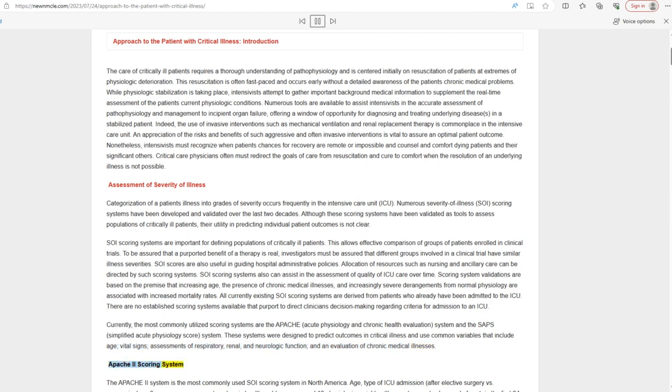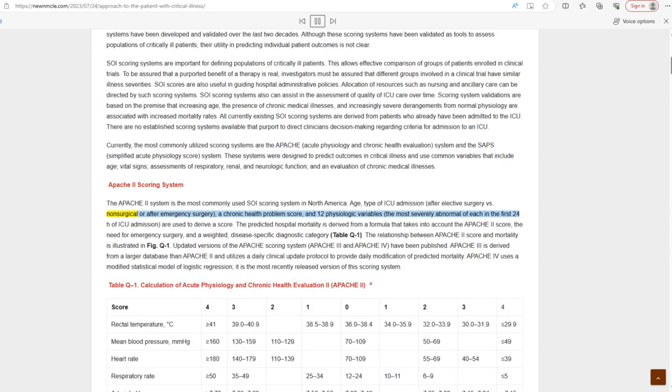APACHE 2 scoring system. The APACHE 2 system is the most commonly used SOI scoring system in North America. Age, type of ICU admission, after elective surgery versus non-surgical or after emergency surgery, a chronic health problem score, and 12 physiologic variables, the most severely abnormal of each in the first 24 hours of ICU admission, are used to derive a score.